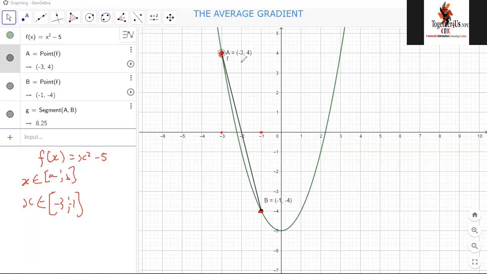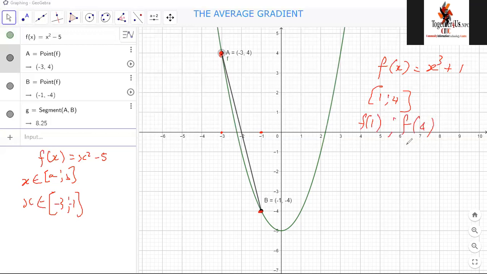What may happen is they may give you a function, f of x equals x cubed plus 1, for example, and say find the average gradient of this in the interval 1 and 4. Then you know that you've got to find the gradient between the points. To find the coordinates of the points, you substitute f of 1 and f of 4.